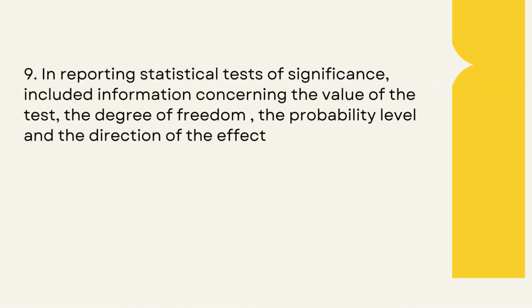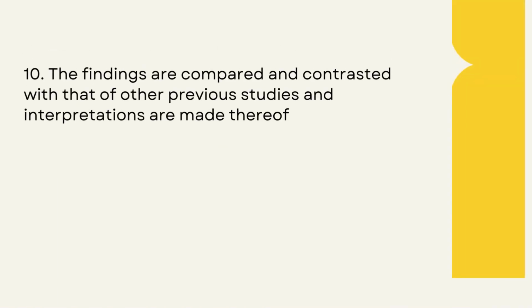Number 9, in reporting statistical tests of significance, include information concerning the value of the test, the degree of freedom, the probability level, and the direction of the effect. And number 10, the findings are compared and contrasted with that of other previous studies, and interpretations are made thereof.